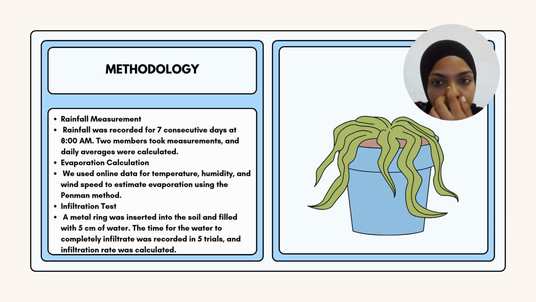For the evaporation calculations, we used online data for temperature, humidity, and wind speed to estimate evaporation using Penman method. For the infiltration test, a metal ring was inserted to the soil and filled with 5 centimeters of water. The time for the water to completely infiltrate was recorded in 5 trials and infiltration rate was calculated.